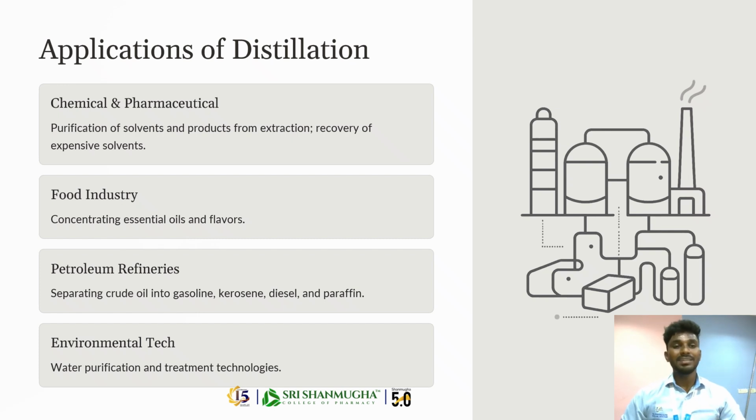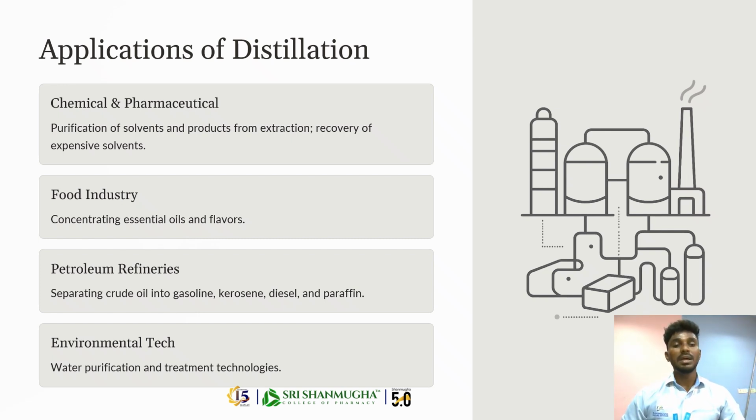First of all, mainly in the chemical and pharmaceutical industries, it is used to purify solvents and products from the extraction process, and for recovery of expensive solvents. The second is the food industry: concentration of essential oils and flavors.